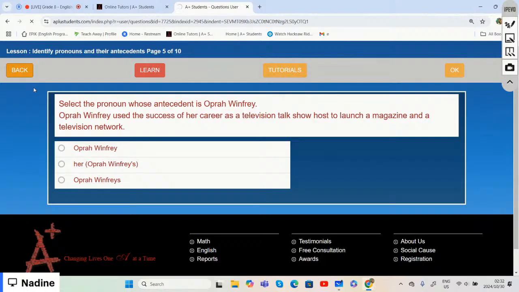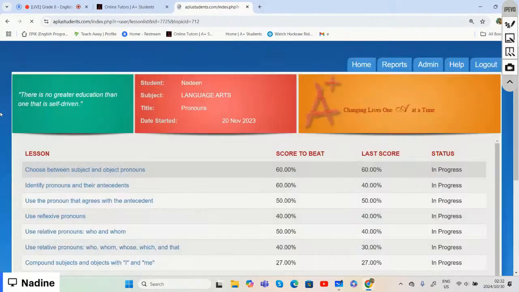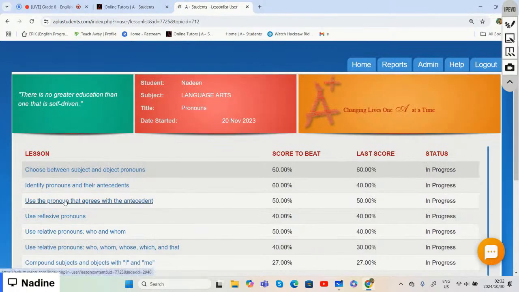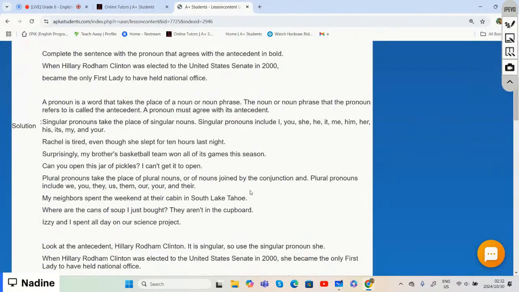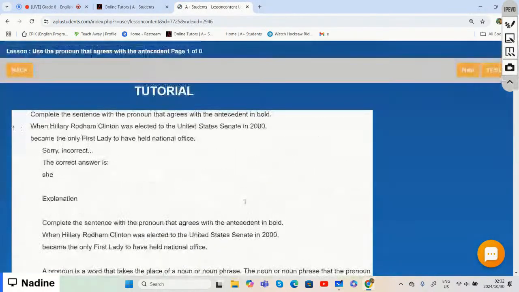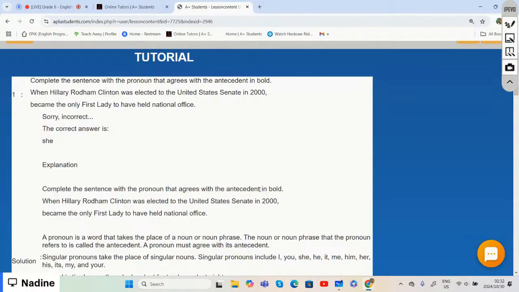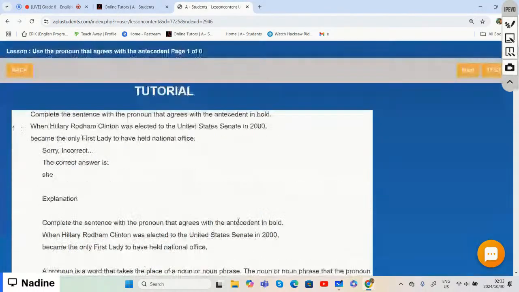All right. Now we're going to the next lesson, which is to use the pronoun that agrees with the antecedent. We need to use the pronoun that agrees with the antecedent. So we already went over the singular pronouns as well as plural pronouns.